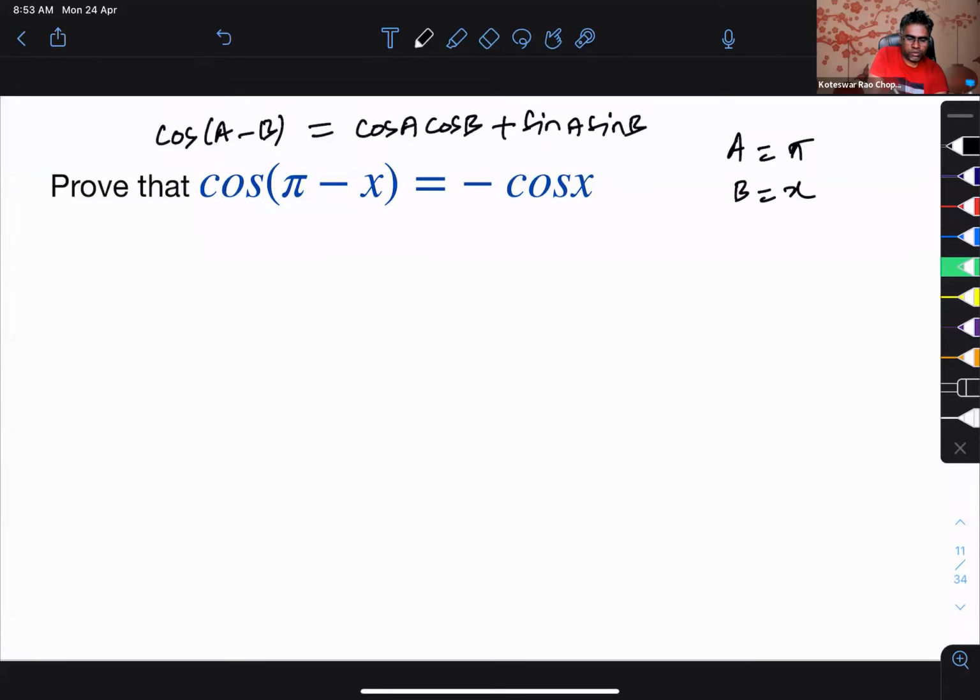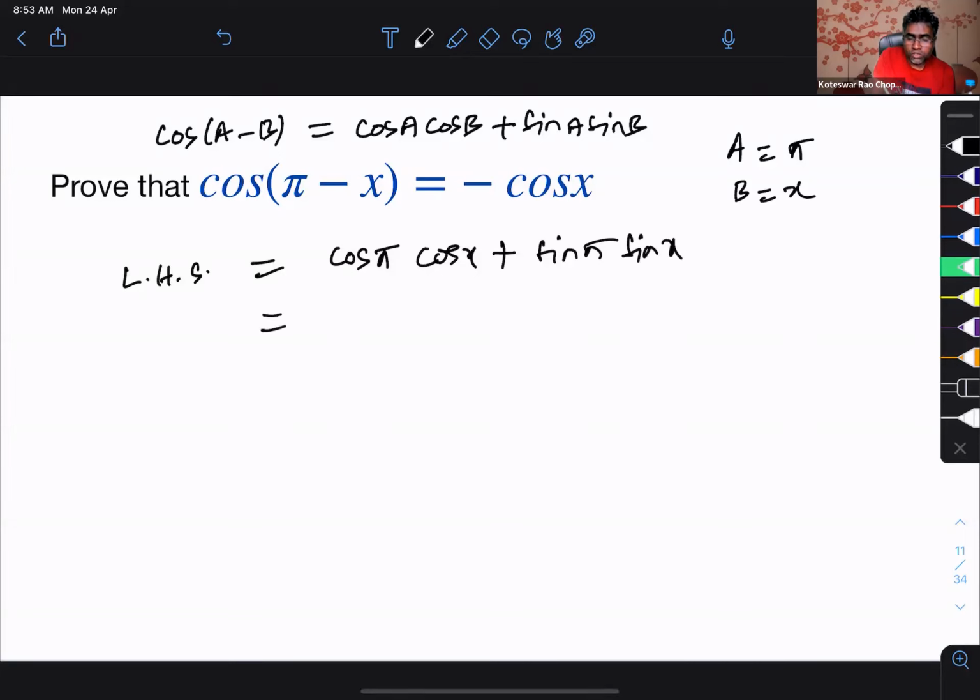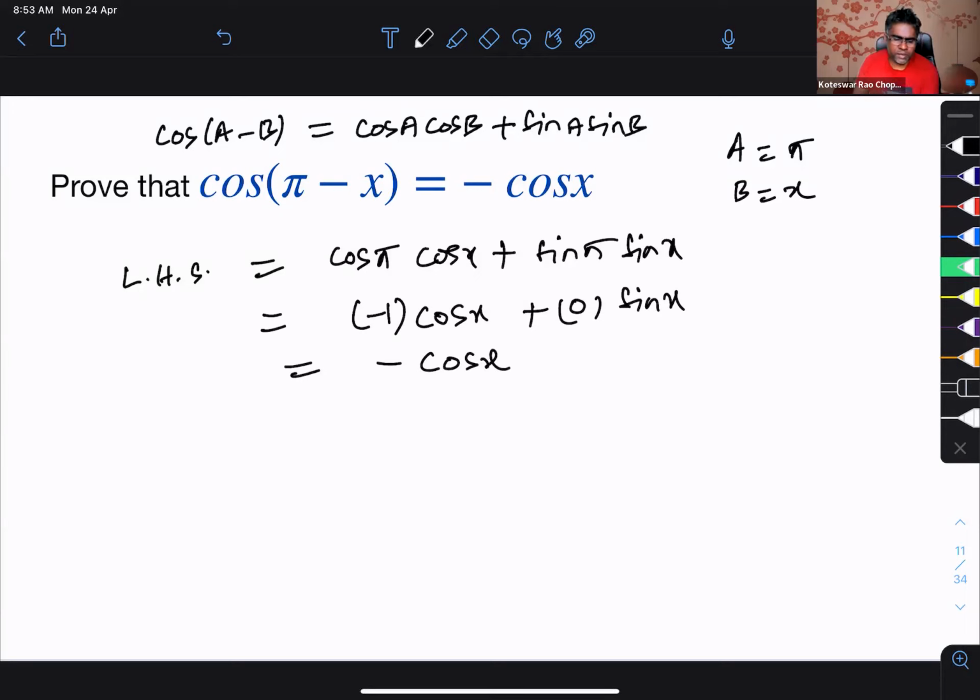My left hand side will become cos pi cos x plus sin pi sin x. Now we know cos pi is -1, so -1 into cos x, and sin pi is 0, so 0 into sin x. This gives us minus cos x. So this is one way.